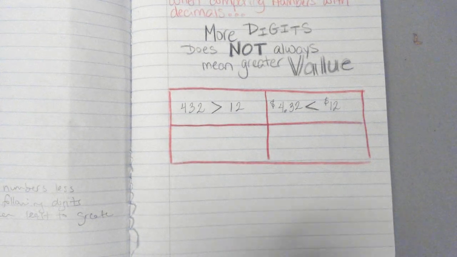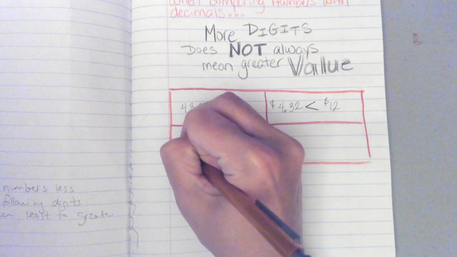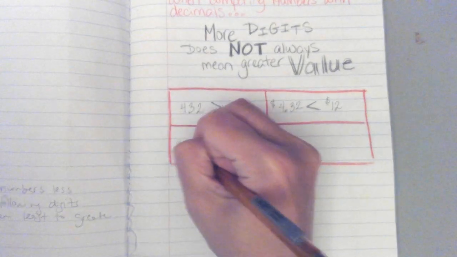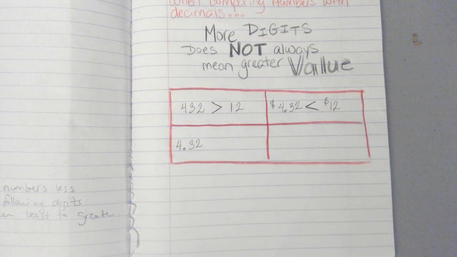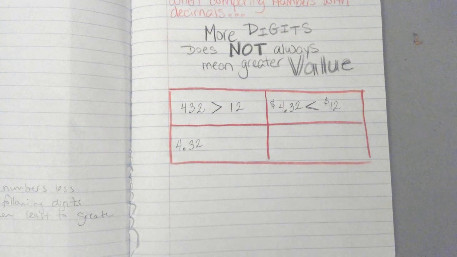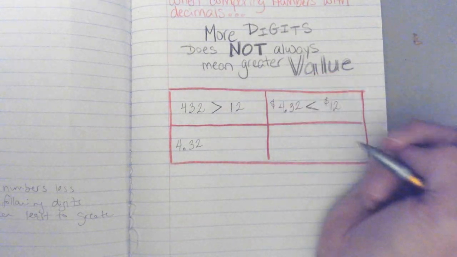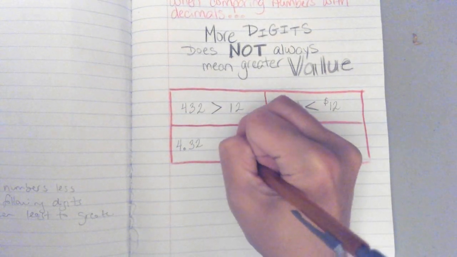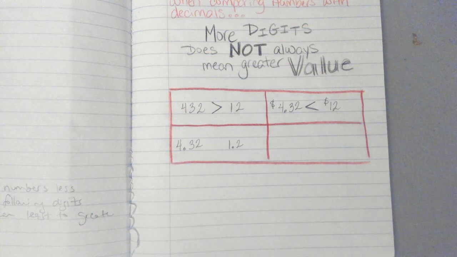Now let's try 4 and 32 hundredths. 4 and 32 hundredths. Okay. And let's do 1 and 2 tenths.